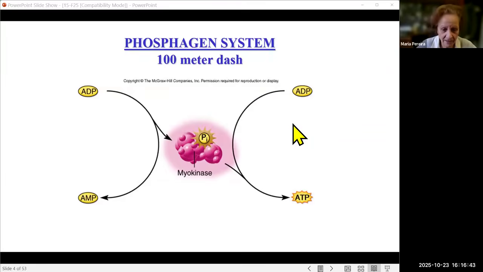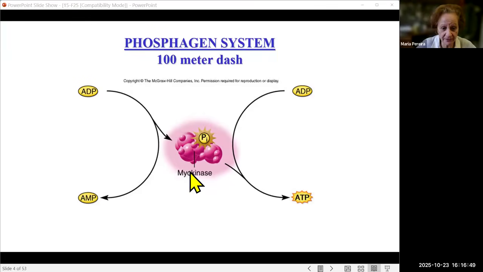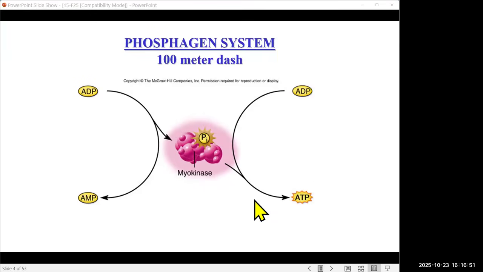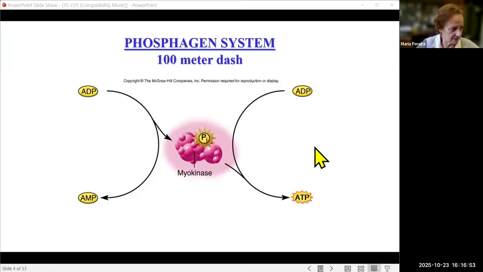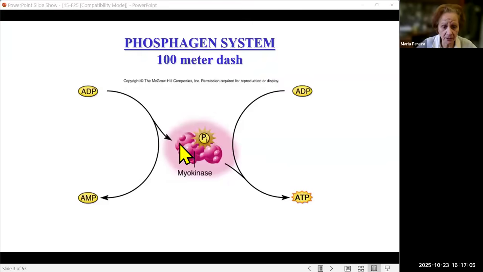Exactly. And that's only prevalent in muscle cells, right? Right. When you see this suffix, myo, it's muscle. So this, in a nutshell, is the phosphagen system. And remember, this part is only present in muscles and neurons. This part just in muscles.